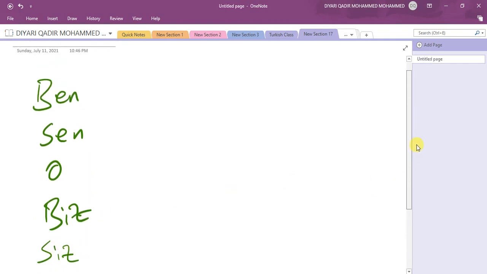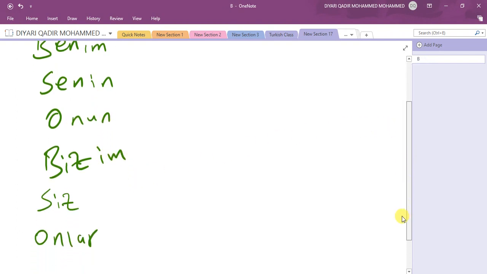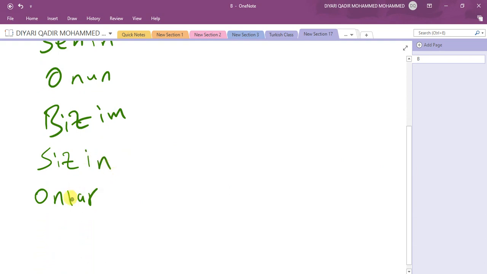Now we said the first suffix is benim, senin, onun. This is for what? For example, if you say my, your, her, his, and so on, that's why I use this suffix. This is for that form. Benim, senin, onun, bizim, sizin, onların.